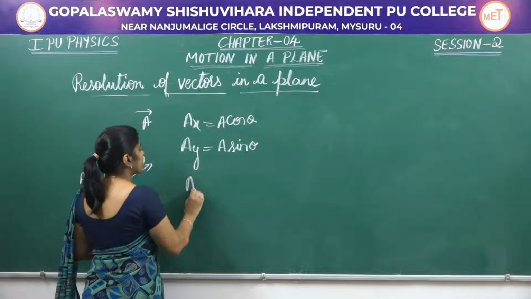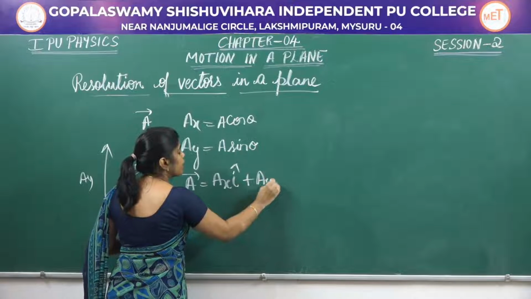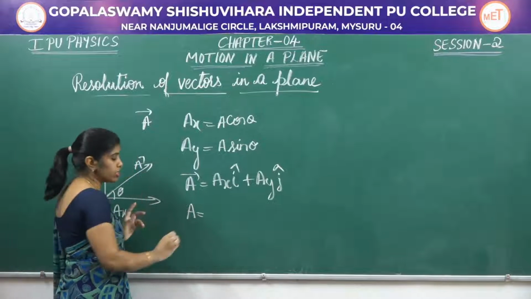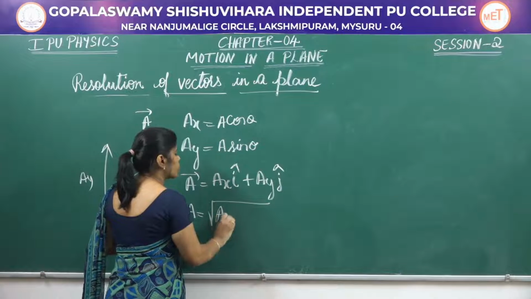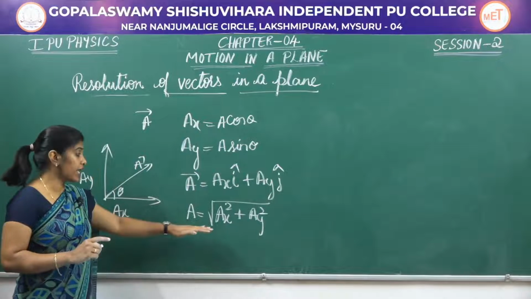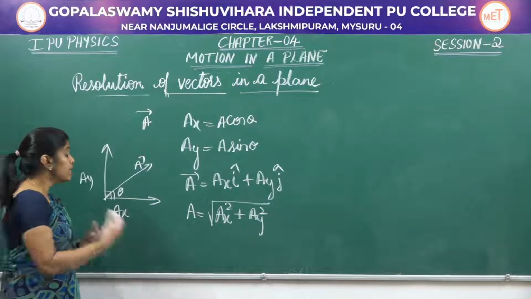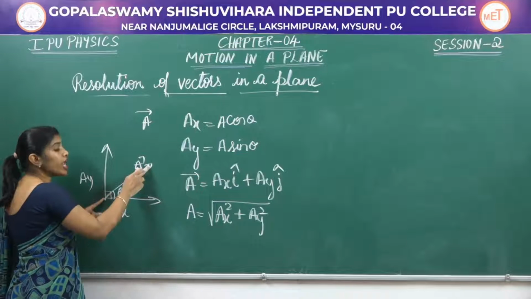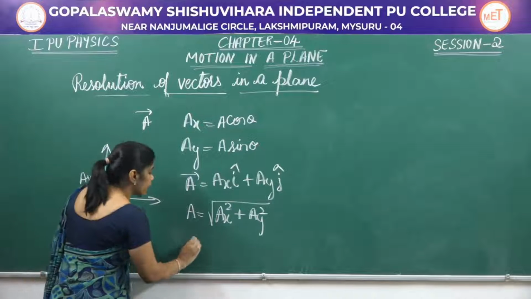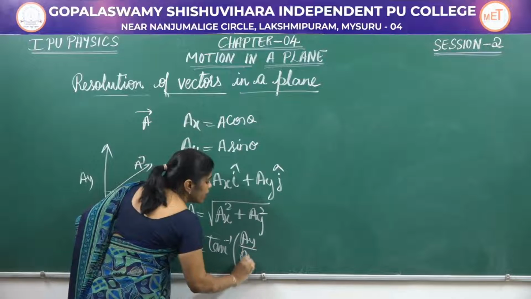Therefore, I can write vector A as equal to Ax i cap plus Ay j cap. And to find the magnitude of this vector A, I am going to write under root Ax square plus Ay square. This is only when you have rectangular components. So if you want to find the direction in which the vector A is aligned from the horizontal, you are going to write theta as equal to tan inverse of Ay by Ax.